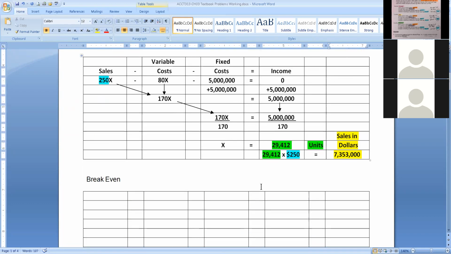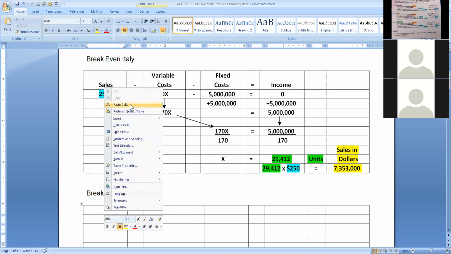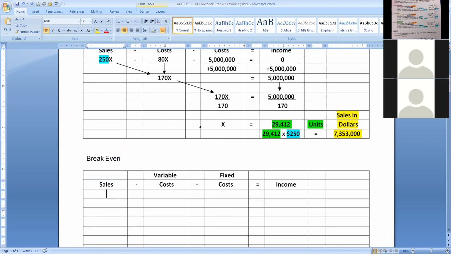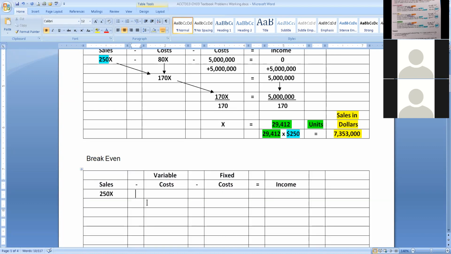And we're going to do the same thing for Thailand. Starts out the same. Variable cost is 75x. Getting off the sheet here.